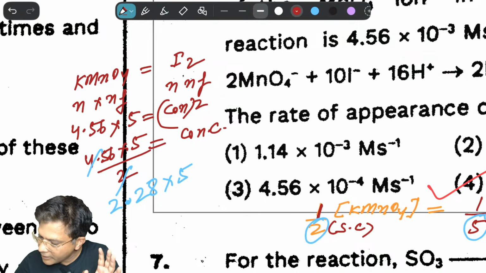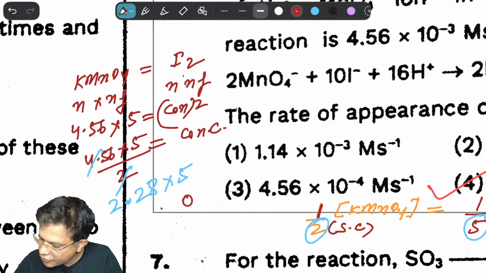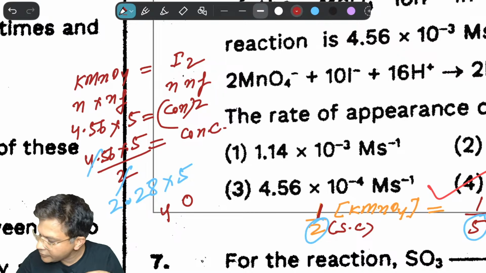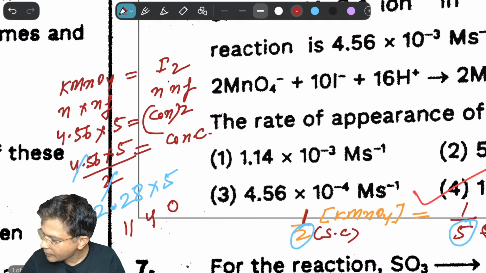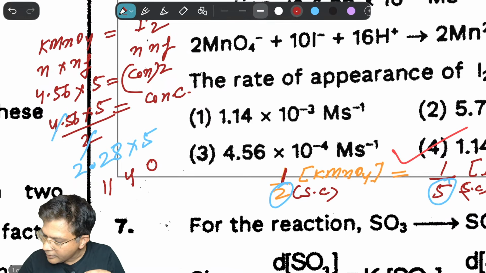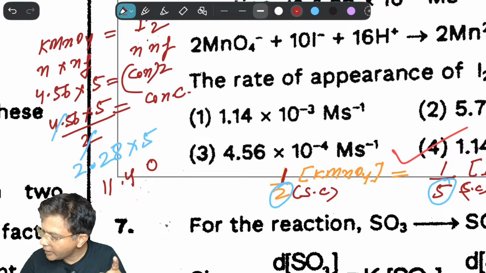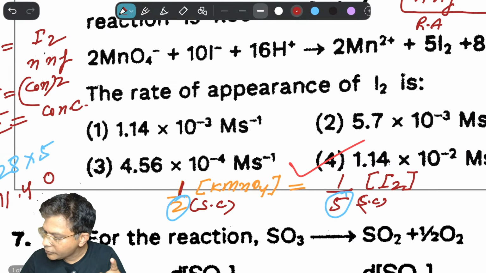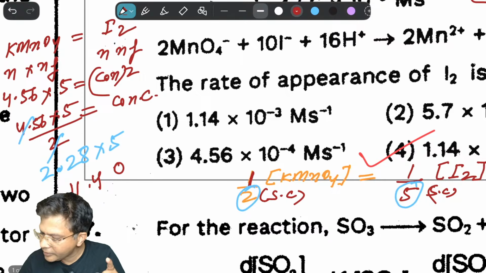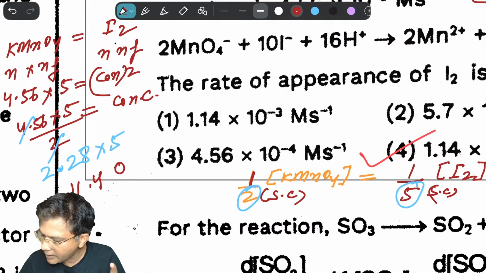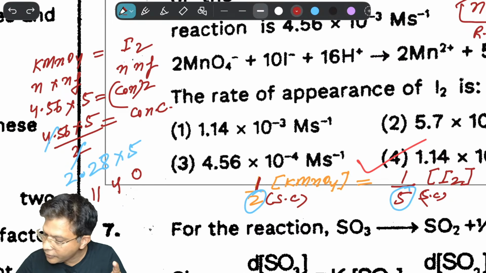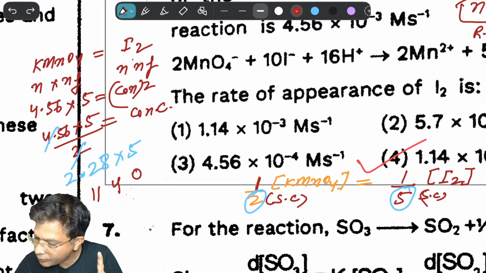It will become 8 5s are 40, 4 carry, 5 2s are 10, 14, 5 2s are 10, 11. 11 and how much point? 11.40, because there was 1 point, so here also 1 point. 11.40, or something else, kids? Let me check it out.